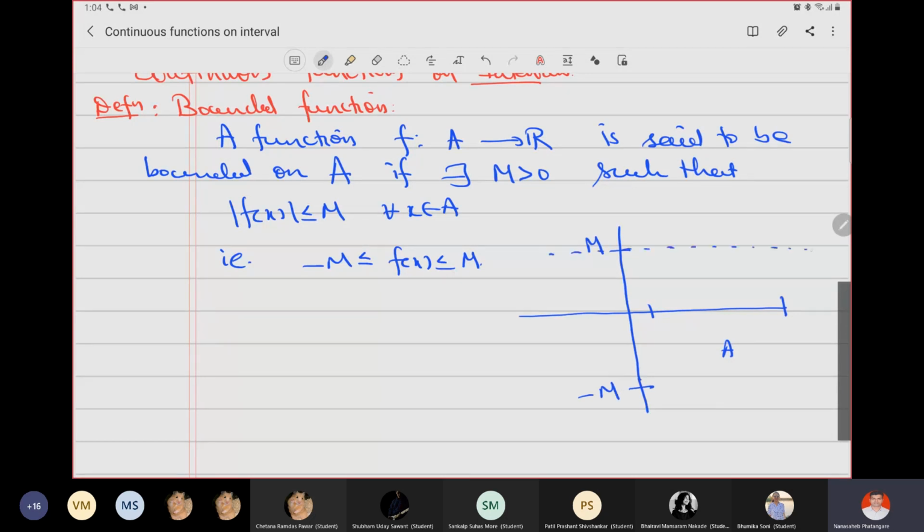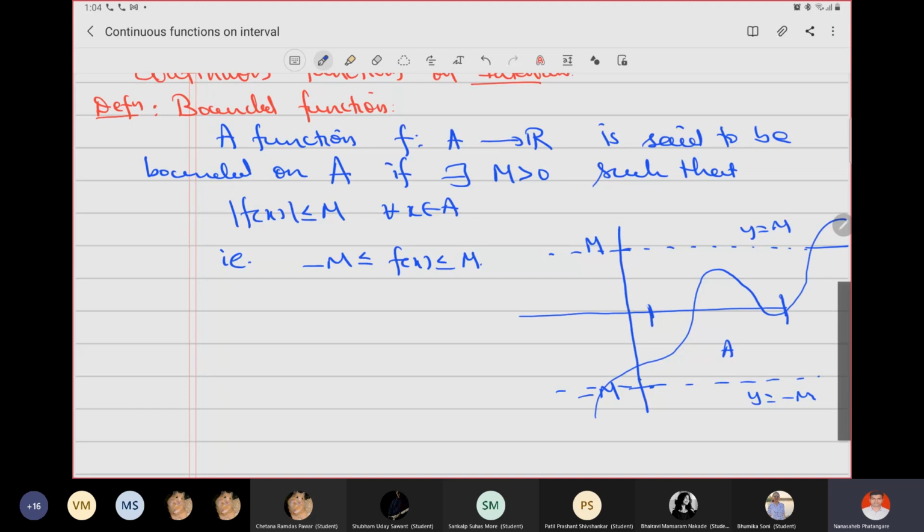If you look at y equal to m and y equal to minus m, then the definition suggests that for every x in A, the value of the function lies between minus m and m.